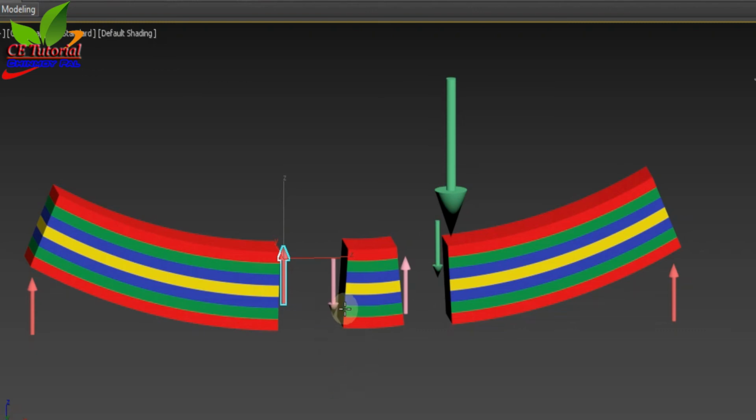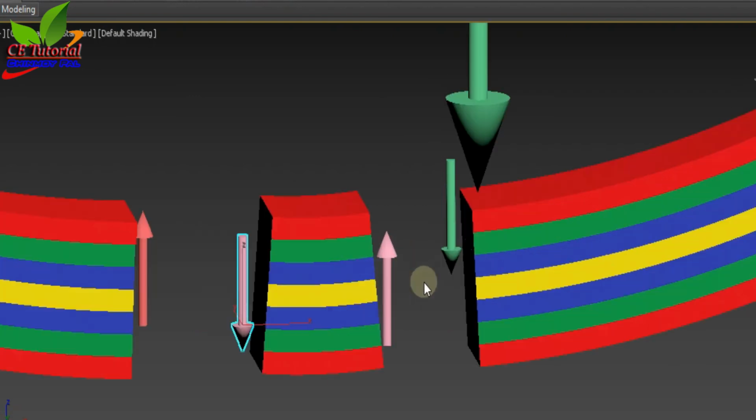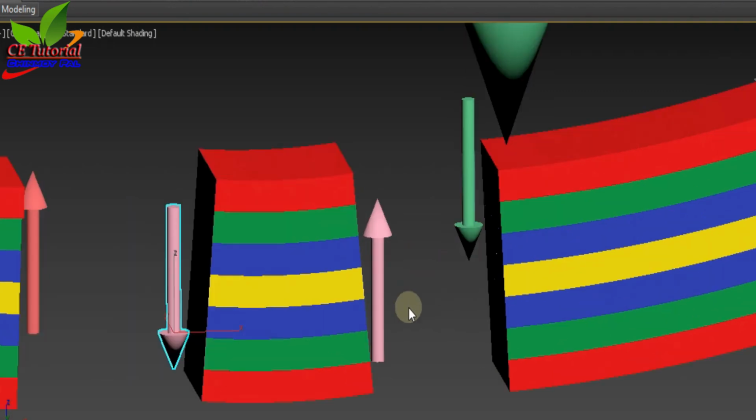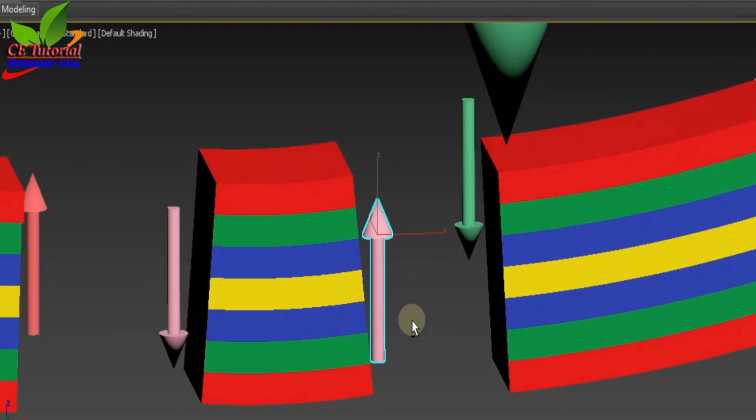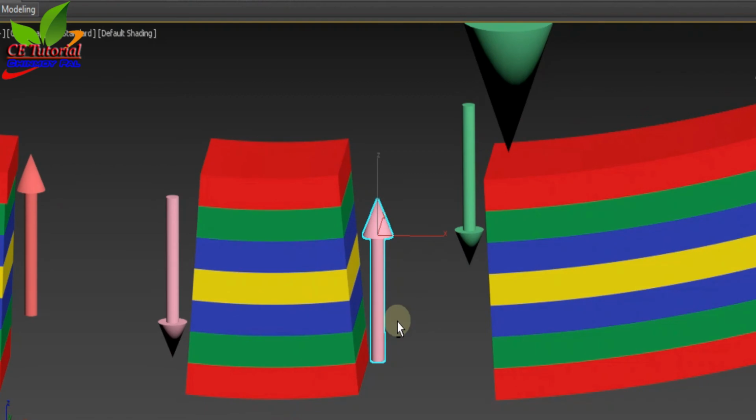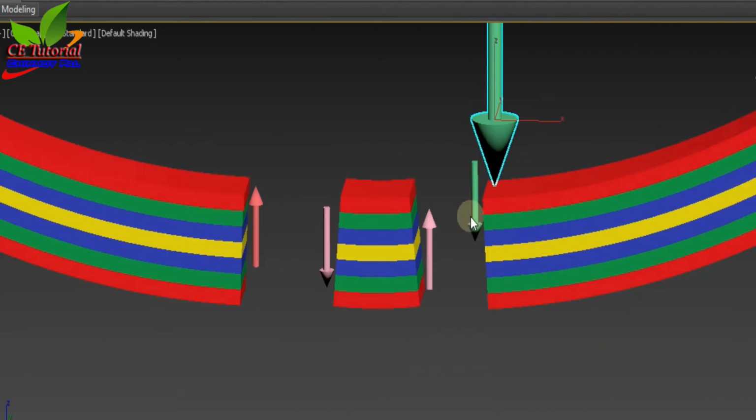And to nullify this downward tangential force, there is an upward tangential force at the right side of the middle part. Again, to nullify this upward tangential force, a downward tangential force created by the external load will act at the left side of the right part.